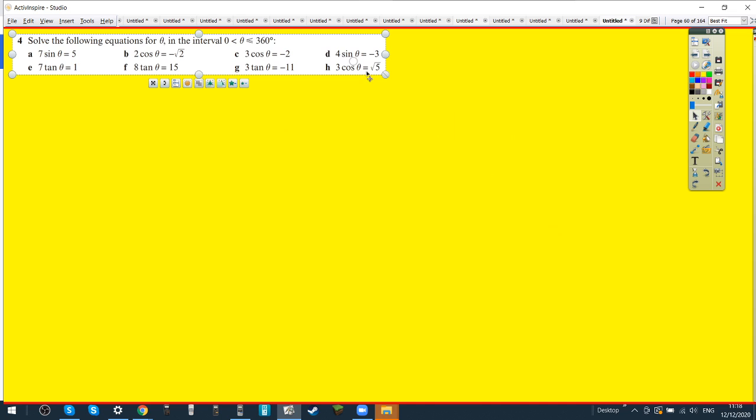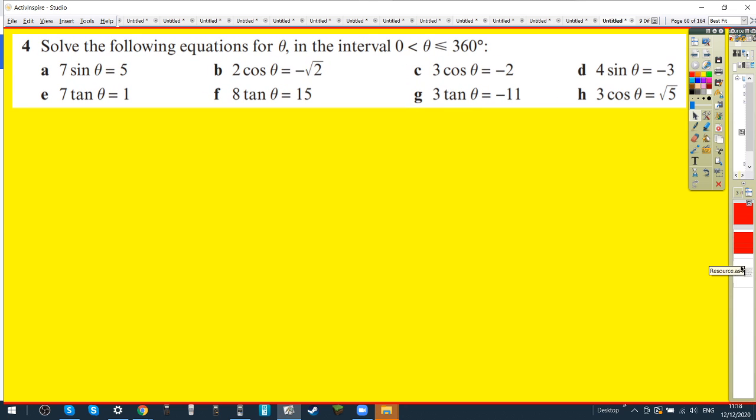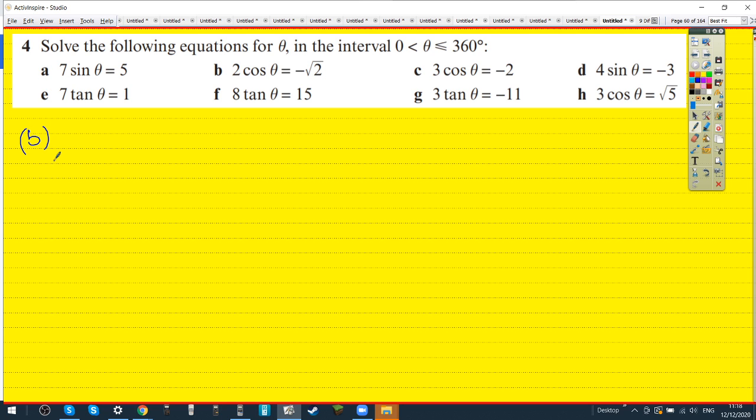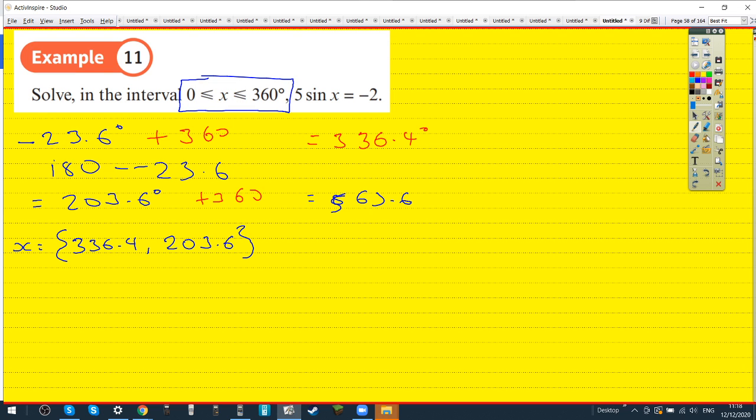So what was this one? Okay, let's try question B. So can we do inverse cos? So now you're doing it the normal way, are you? What we could have done here is we have 5 sine x equals minus 2.